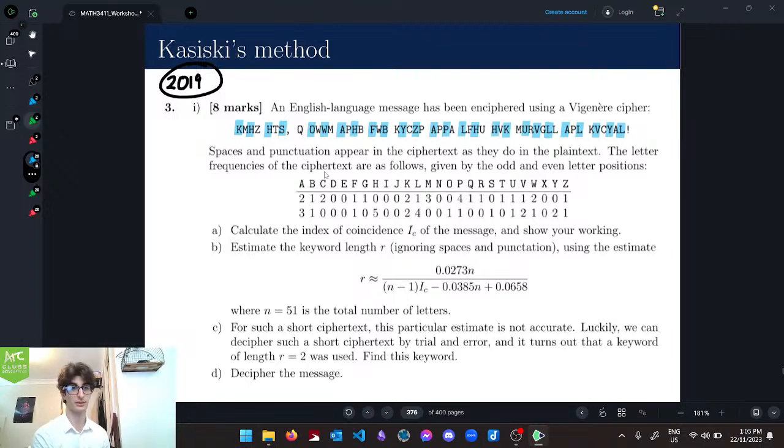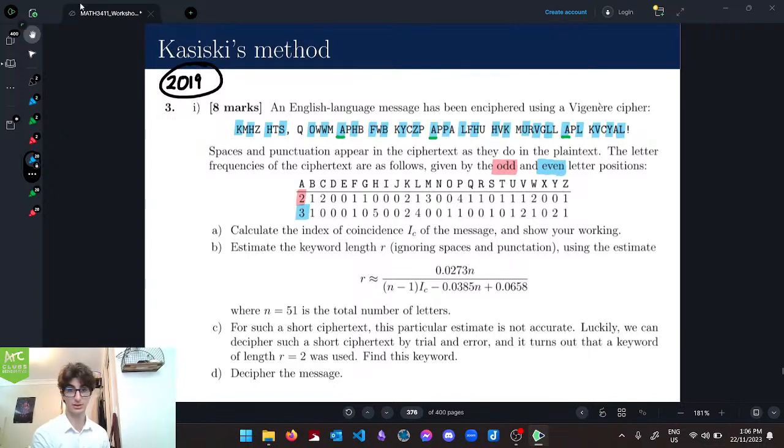So we can see that A shows up colored in blue here, here, and one more time over here, so it shows up 3 times. Odd is going to be red, which is here, and even is going to be blue, which is here.